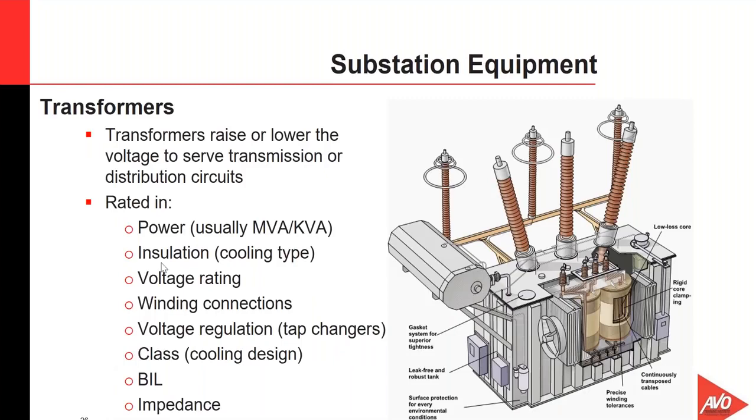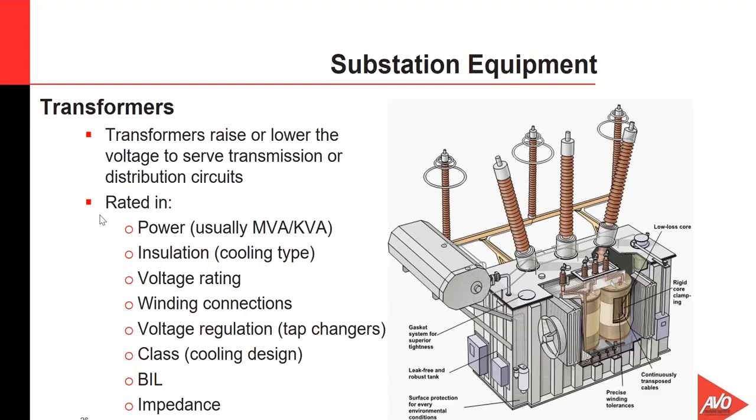Our transformers typically are going to be rated in power, whether it be MVA or kVA, insulation type as far as the cooling insulation, voltage rating, winding connections, whether it be a delta, Y, delta-delta, or delta-Y. Voltage regulation as far as the tap changes is concerned on the high side or on the low side. Class is another way that a transformer could be rated as far as cooling design is concerned. It has fans or anything attached to it.